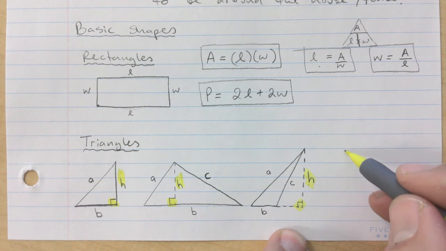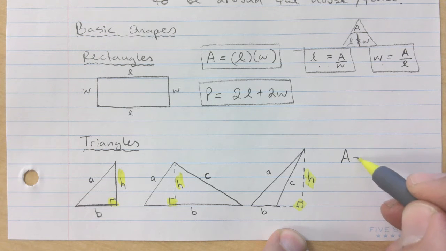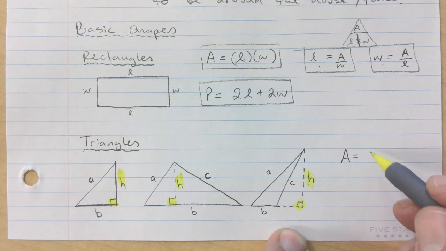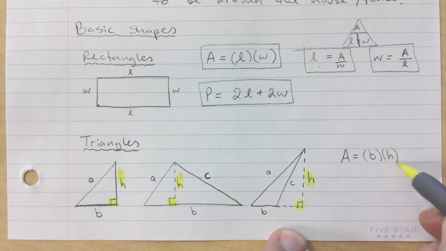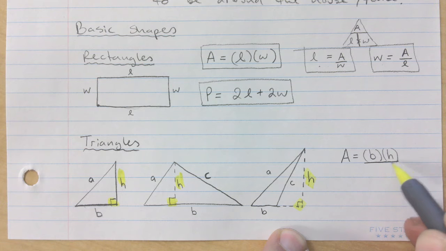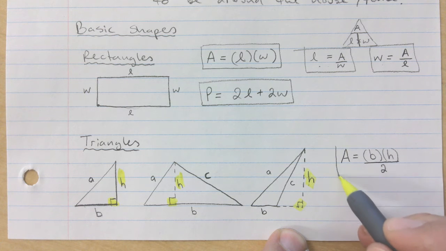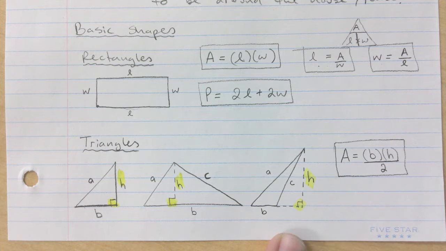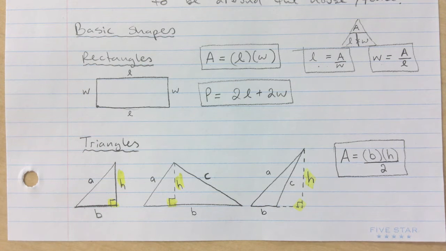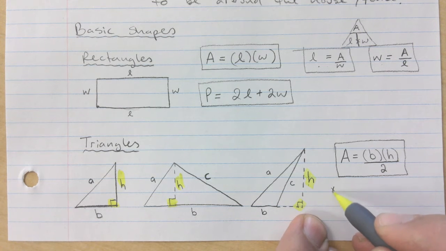So I'll give you the area. Area of a triangle is always base times height divided by 2. Always. And I will tell you this here in a little star.